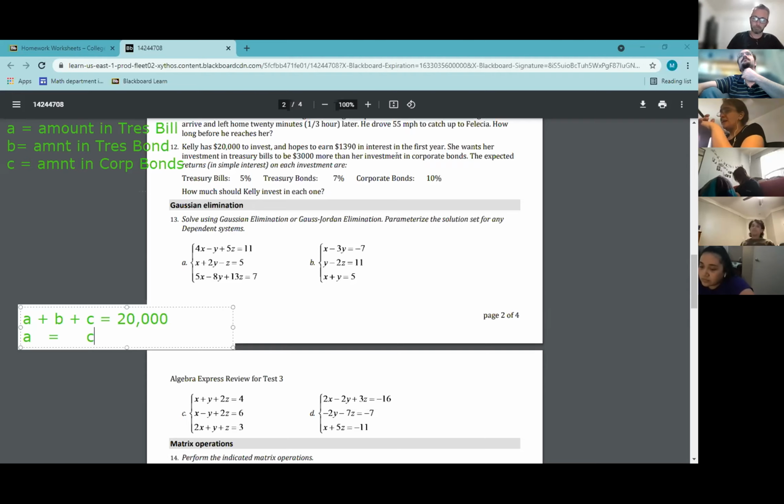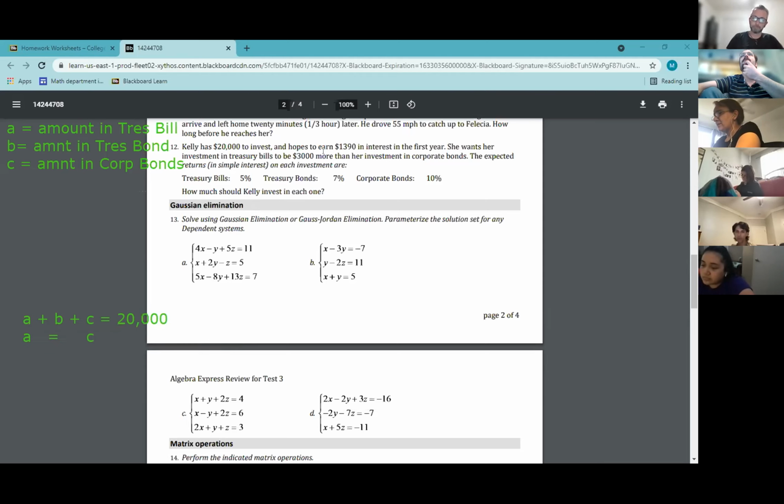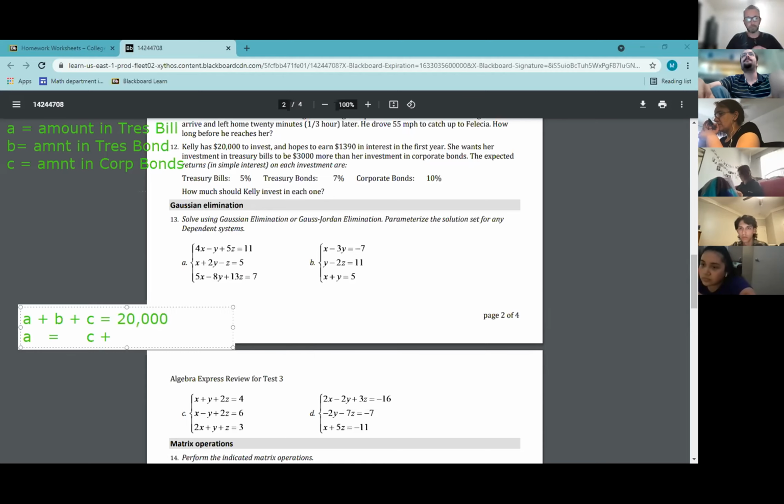If we just write out the sentence, 3,000 more than corporate bonds, what does that look like? A equals 3,000 plus C. Yeah, that 3,000 should be getting added to the C. I'm glad we said it, because a lot of people are thinking the same thing. We're saying that A is more, which means we should be adding the 3,000 to the C.